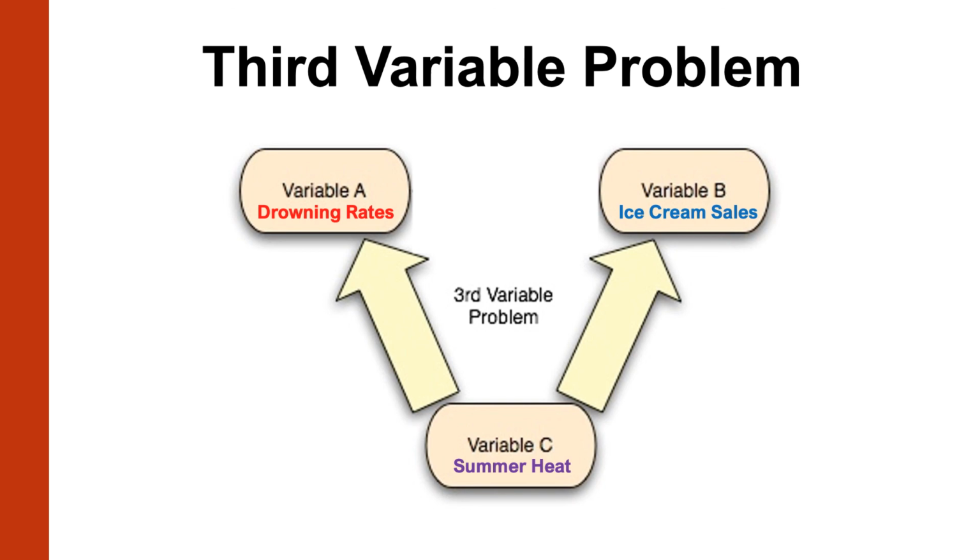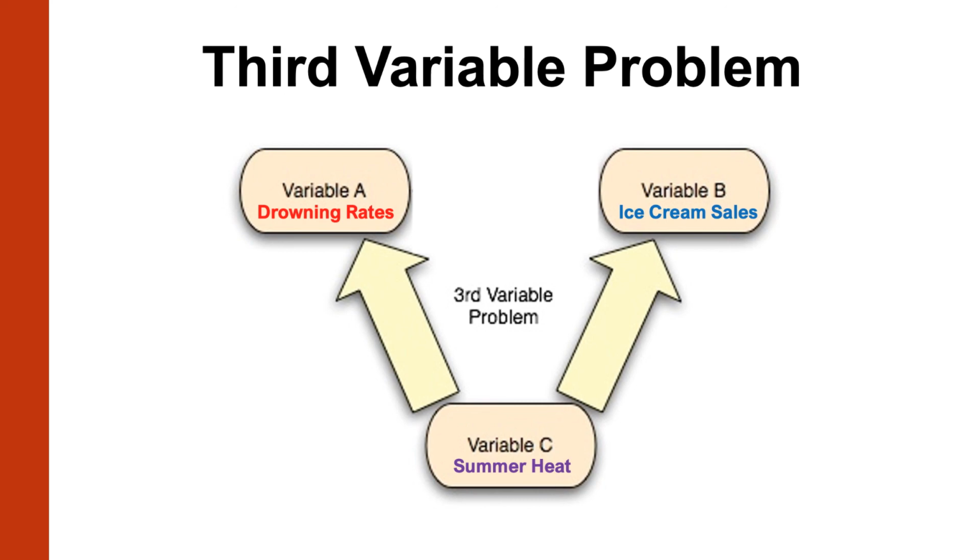Also, as it gets hotter outside, that leads to an increase in ice cream sales and consumption. So the third variable, in this case the summer heat, is the variable that's actually causing drowning and ice cream sales to appear to be correlated. They're not actually correlated, but each is correlated with the fact that the temperature outside has gotten much higher and made it more likely for people to both swim and eat ice cream.